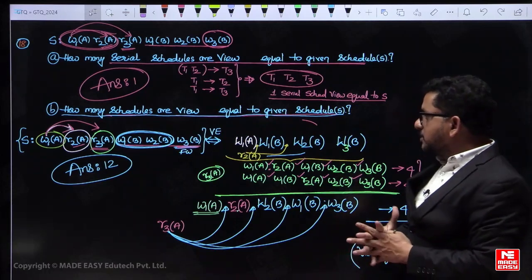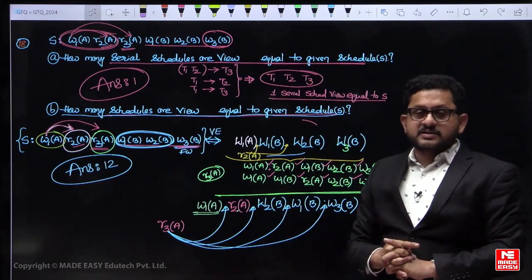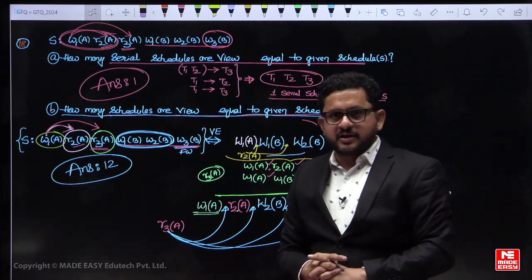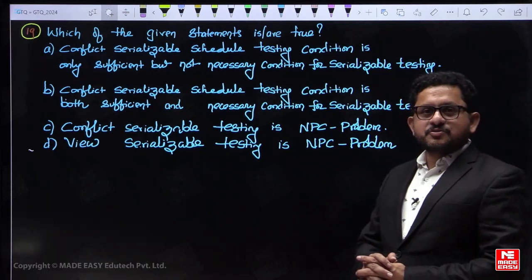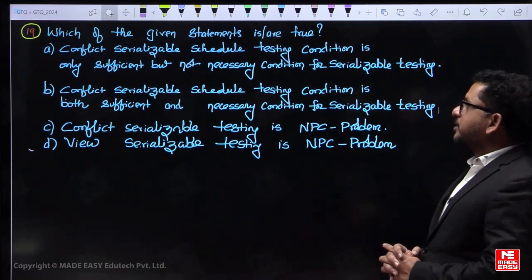This is another very important model question for the GATE examination, on conflict serializability as well as view serializability. See this question: which of the following statements is/are true?